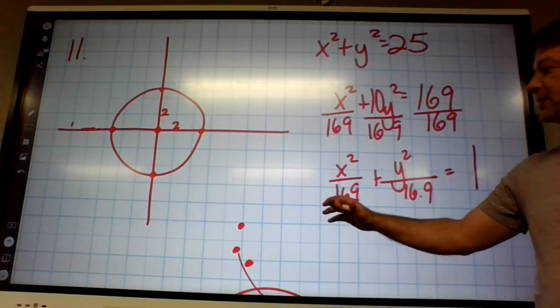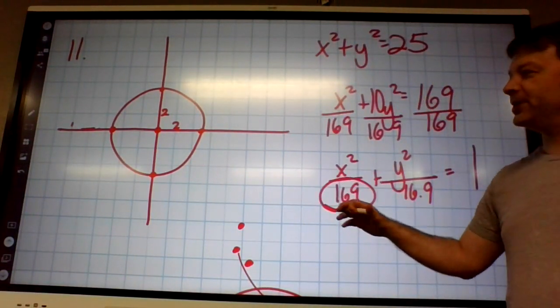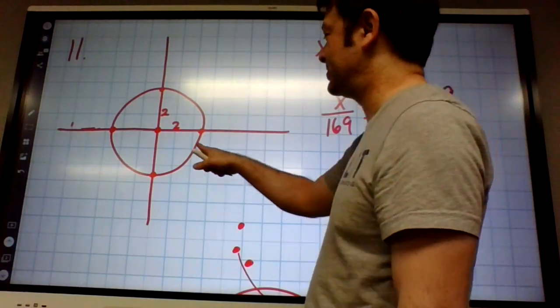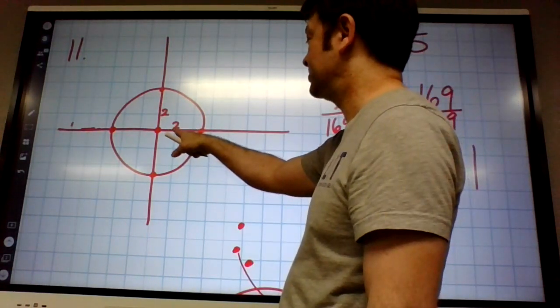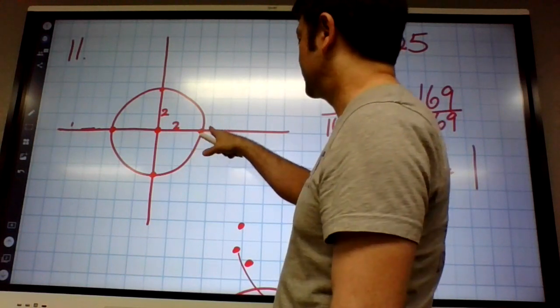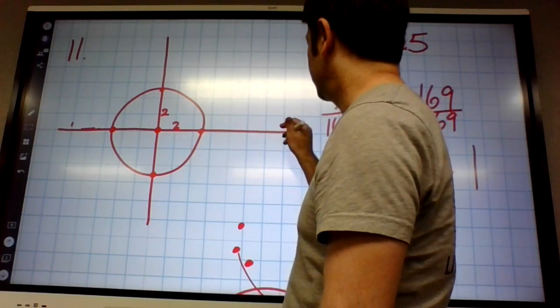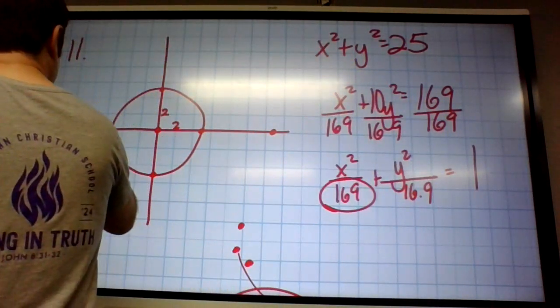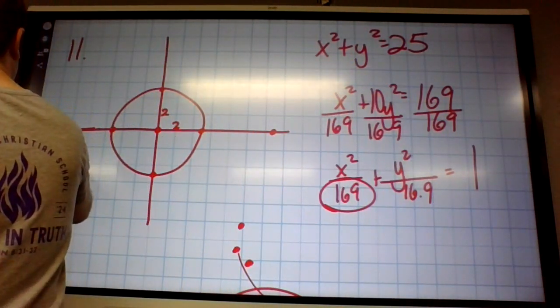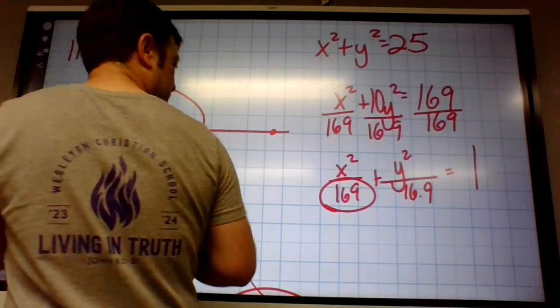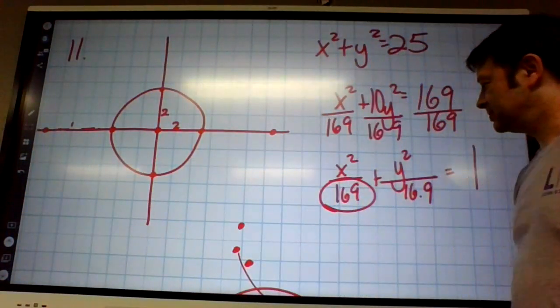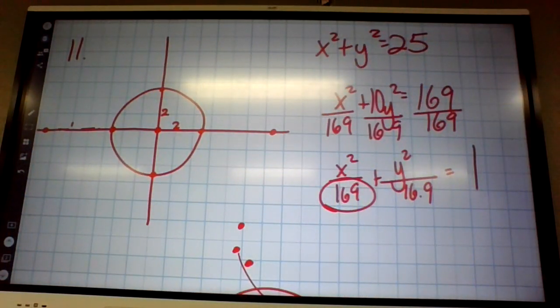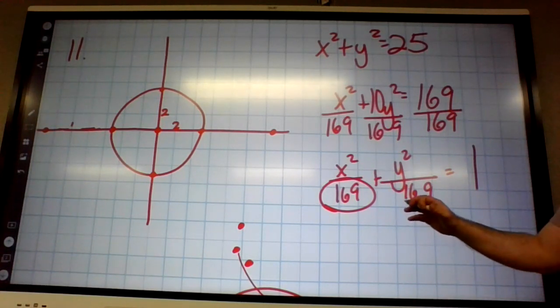Okay. So on the x-axis, we're going to 13, which would be 6.5 if we're counting by 2s. So 2, 4, 6, 8, 10, 12. Okay. And how far are we going on the y-axis?